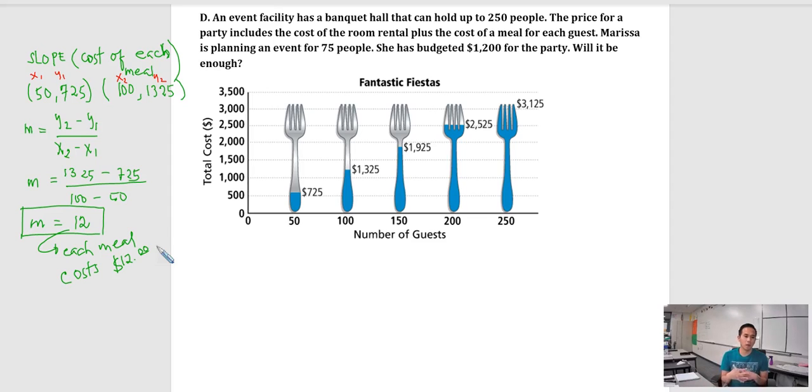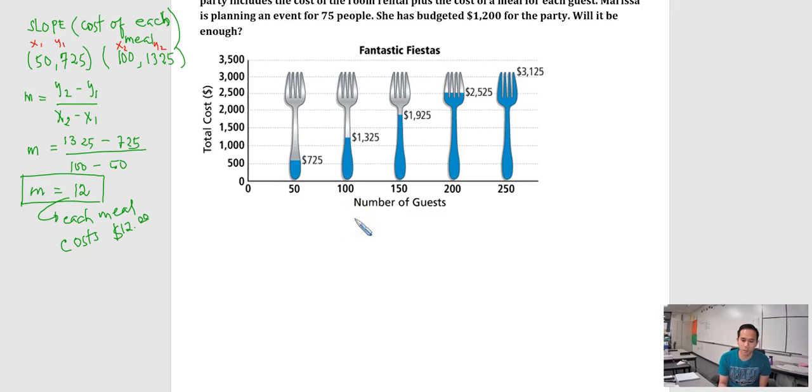Now we will be using point slope form to find the cost of the event for 75 guests. We know already that each meal costs $12. For 75 guests, we have y minus y1 is equal to the given slope times x minus x1.